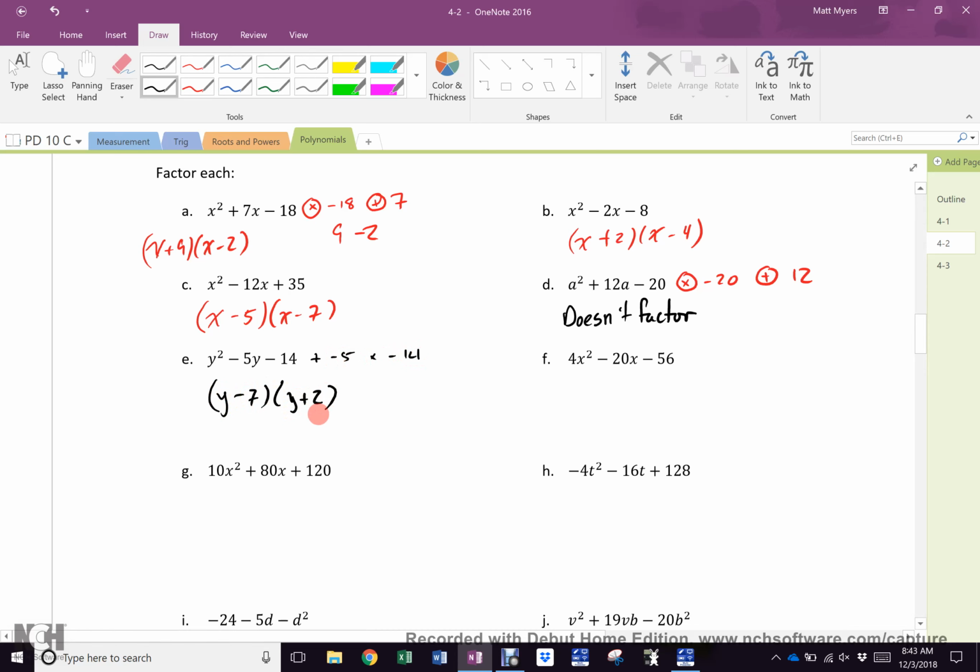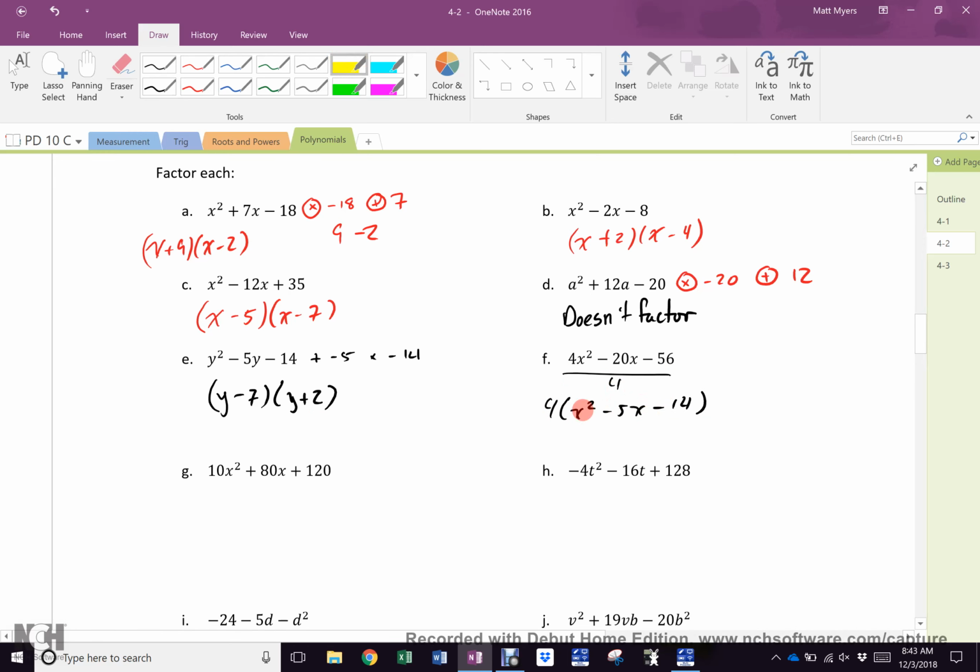What's different in F? There's 3 numbers. There's a 4 in front of it. We don't know what to do when there's a 4 in front of it. So what's the thing that we're always supposed to do if we can? We're always supposed to GCF, right? Is there a GCF there? What is it? 4. x squared minus 5x minus 14.